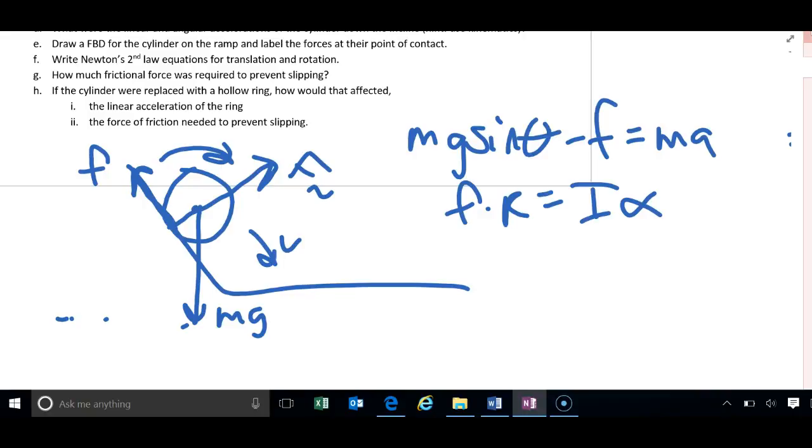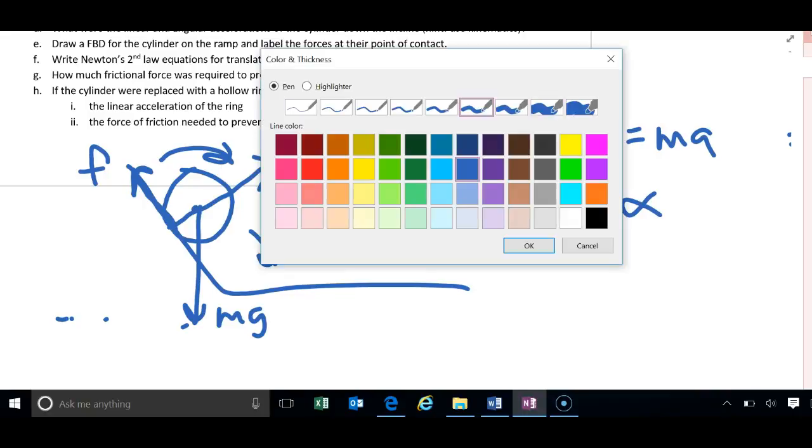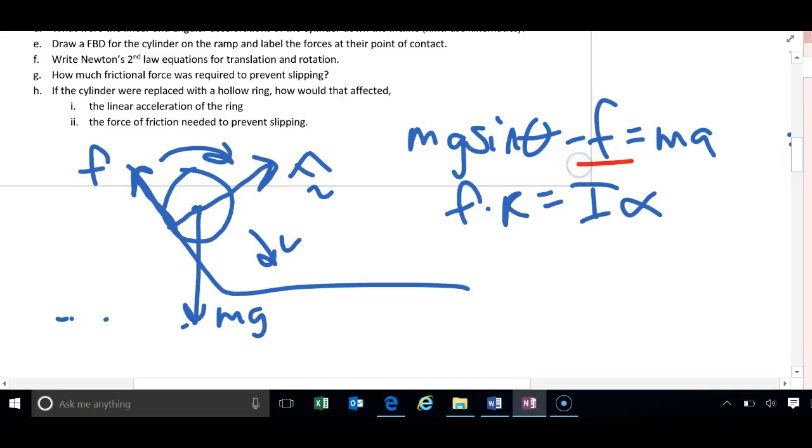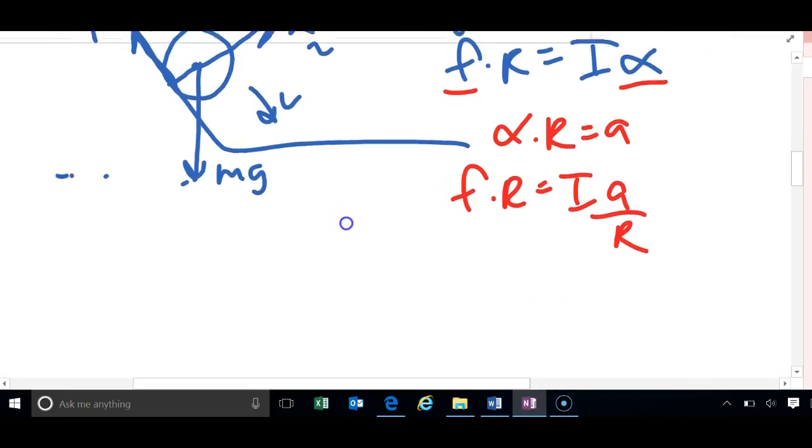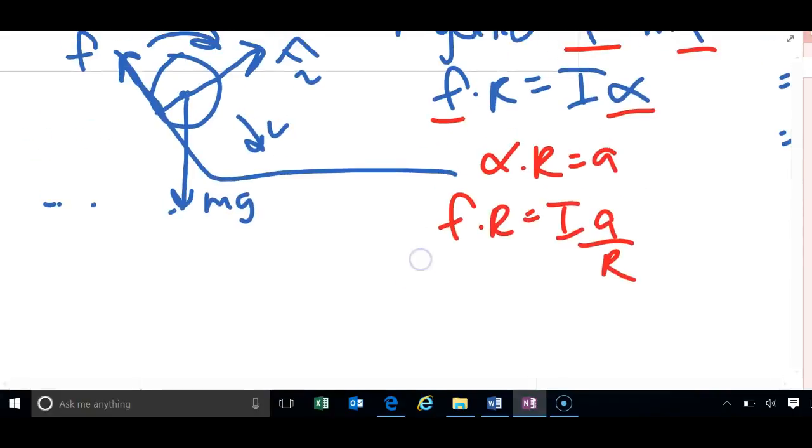Lastly, G: how much frictional force was required to prevent slipping? Well, that's solving for friction here. We have multiple unknowns in this problem. I don't know friction, and I don't know alpha and a. So to get alpha and a, we put in the non-slip condition. Then our angular equation becomes F times R equals I a over R. I, we can also plug that in.